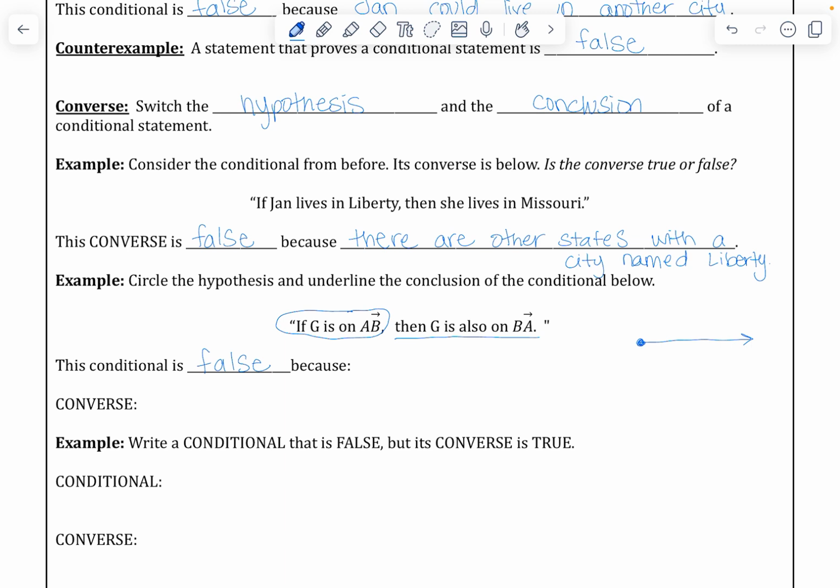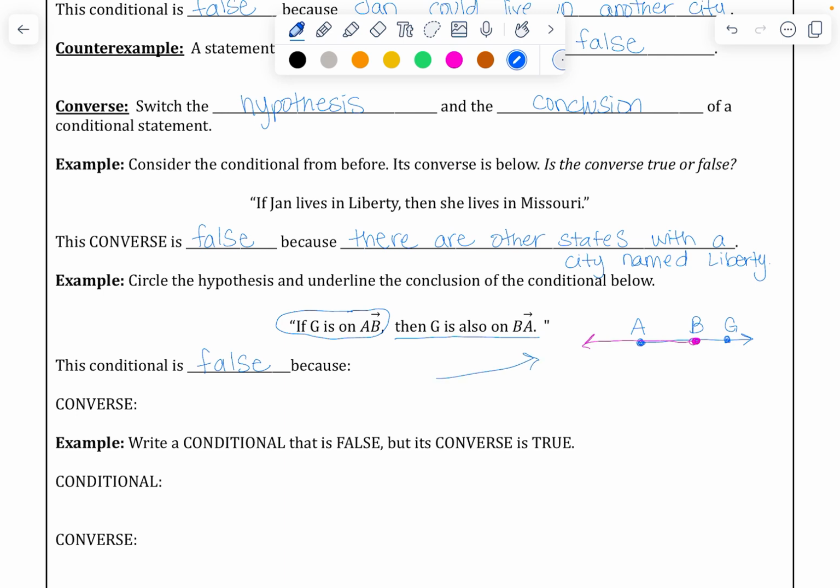Okay, if G is on ray AB, let's say G is here. If G is supposed to be on BA, that would start on B and go towards A. In this case, G is not on that ray. So G does not have to be on ray BA if it's on ray AB. So that is false due to that diagram. I'm just going to draw a little picture over to that.